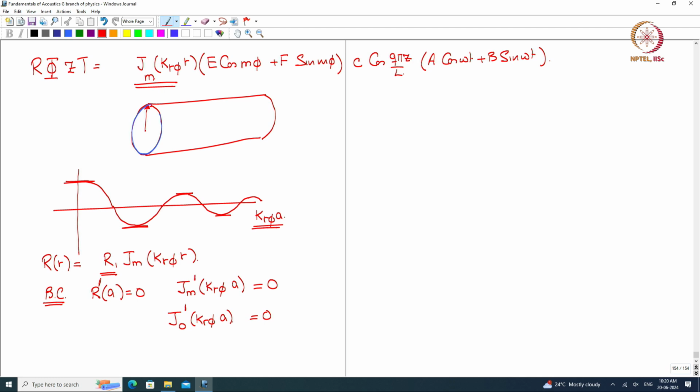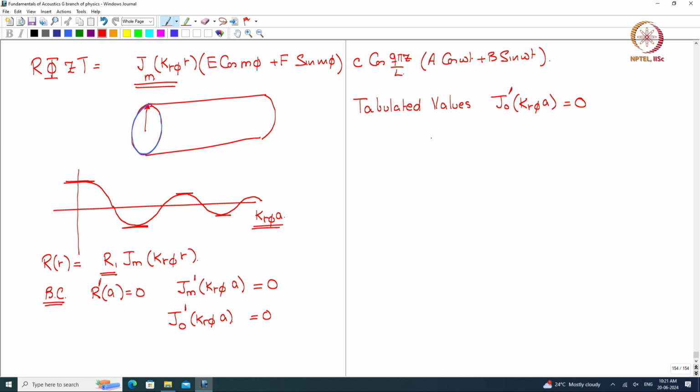So now we have tabulated values where J0, or the derivative J0 dash of K r phi A, goes through 0.